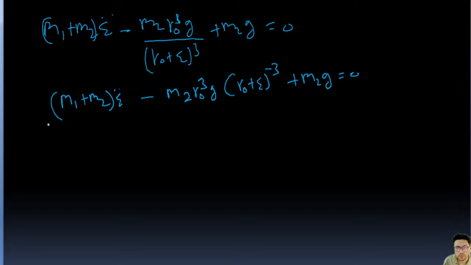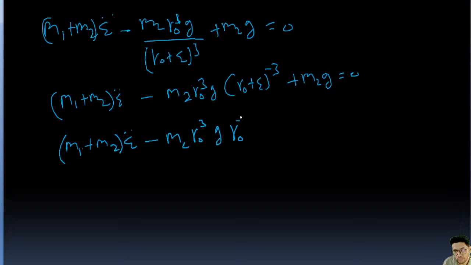Then it is going to be m1 plus m2 epsilon double dot minus m2 r naught cube g, and here we can take r naught to the power minus 3 common.